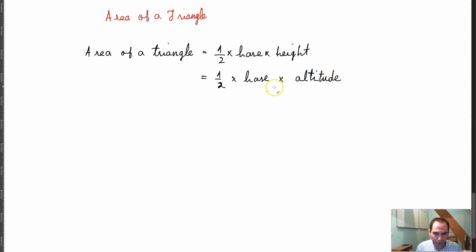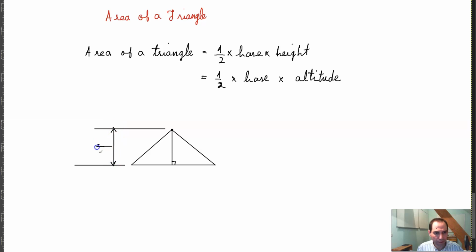So altitude basically means that, for example, if you have some triangle like this, then if you take this as the base, the altitude becomes the perpendicular distance from this point to this base, which means that this length is the altitude.